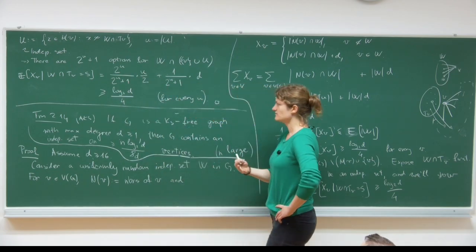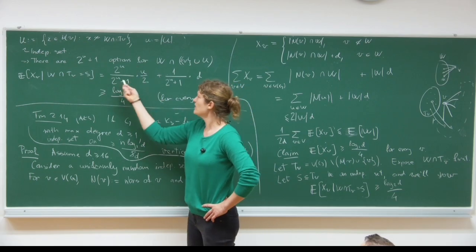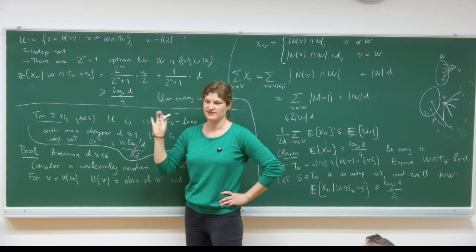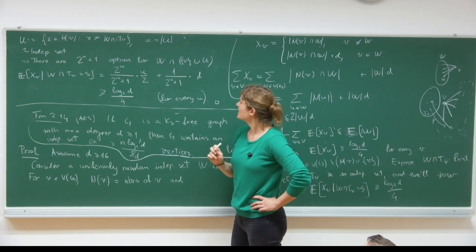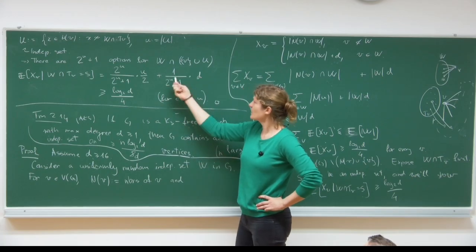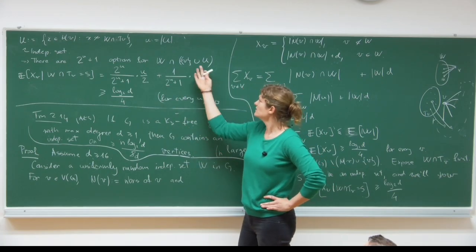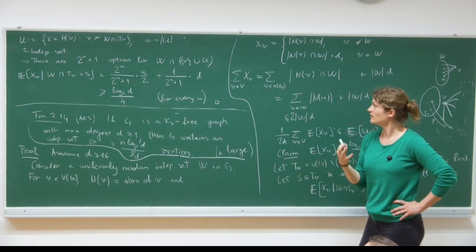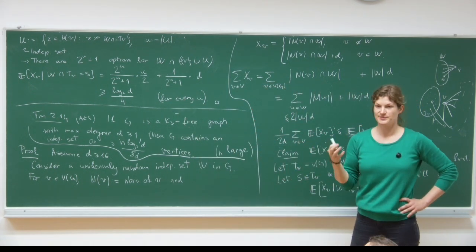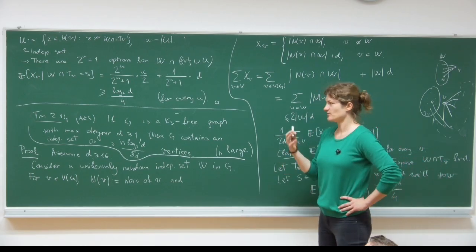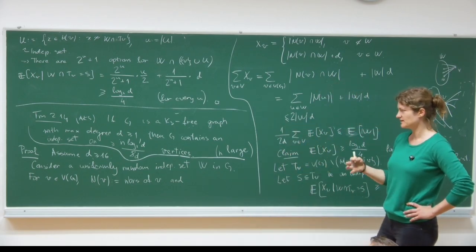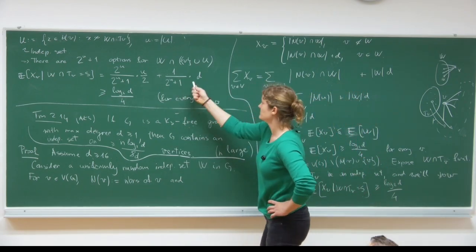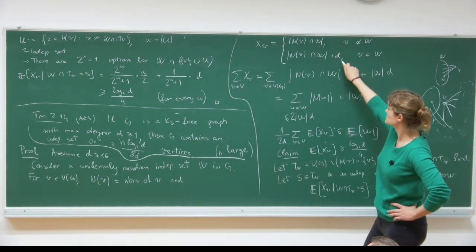So you can think of this case as covering all the vertices V of sufficiently high degree. And then the other case covers morally vertices V of low degree, because those vertices of low degree are more likely to be in our independent set, and it helps us to include them. However, they won't have many neighbors in the independent set, so that's why we added this extra summand of D.